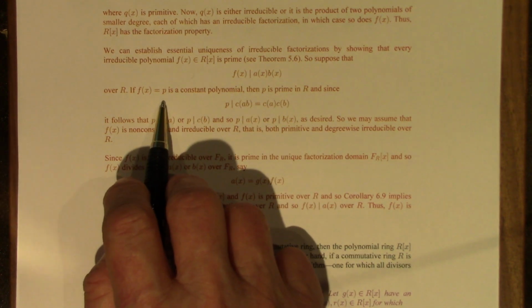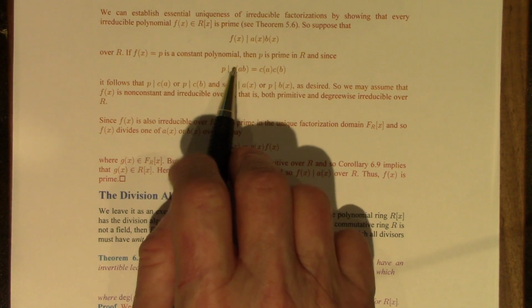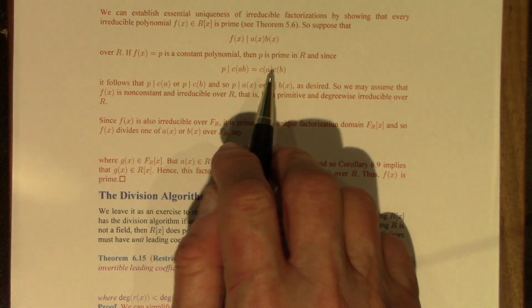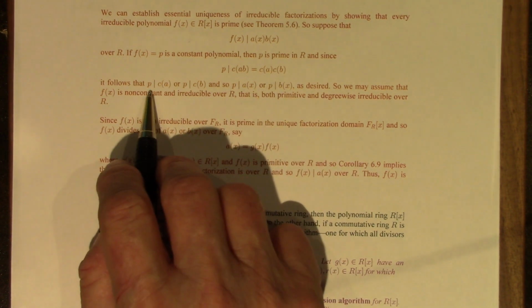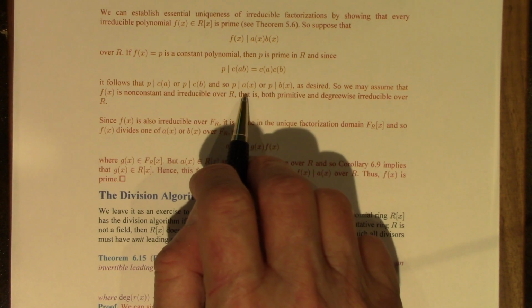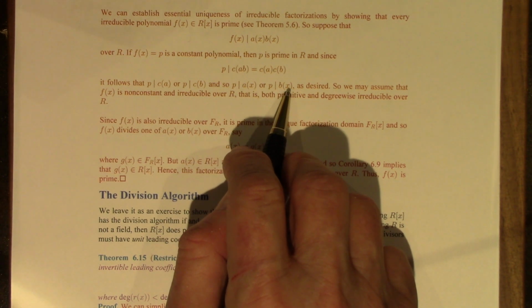Now if f of x is a constant polynomial, say f of x equals p, p is prime, and p divides the content of this product ab, which is the product of the contents. And so p divides the content of a, or p divides the content of b, and accordingly p will divide a of x or it will divide b of x, and that's what we're looking for. So we can assume that f of x is non-constant and irreducible over R.